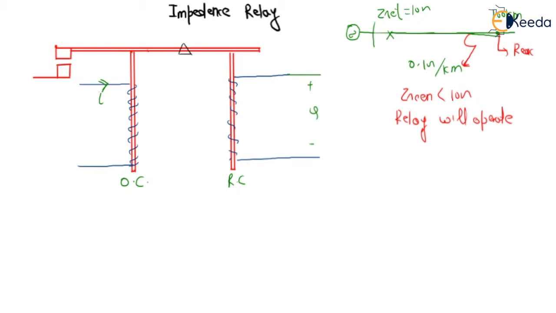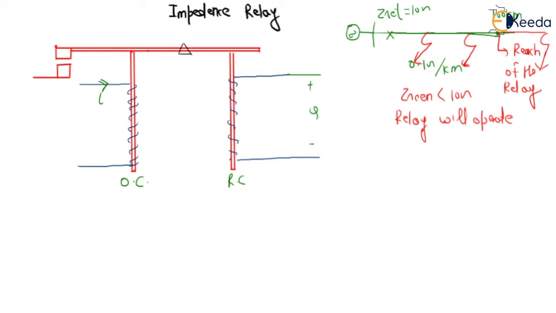If any fault occurs under the reach, the relay will operate. If any fault occurs beyond this reach, the impedance measured will be greater than 10 ohm and the relay will not operate. On this basis, we classify this relay as a distance relay.